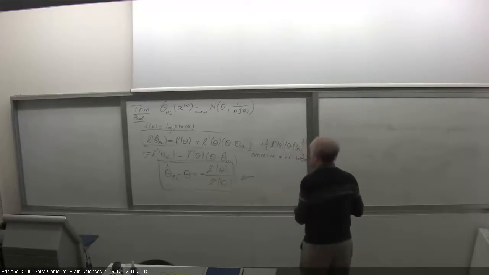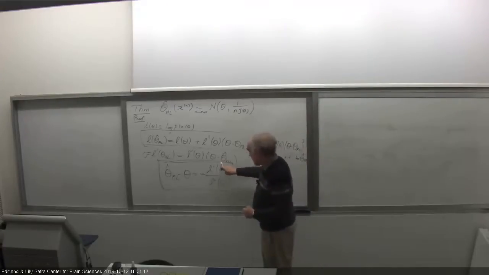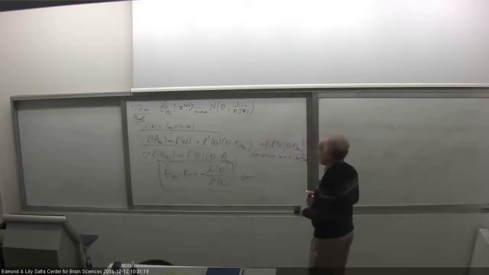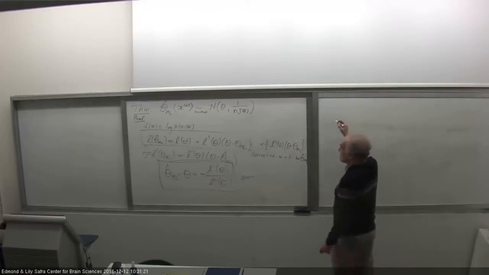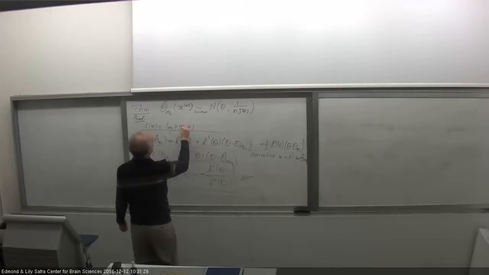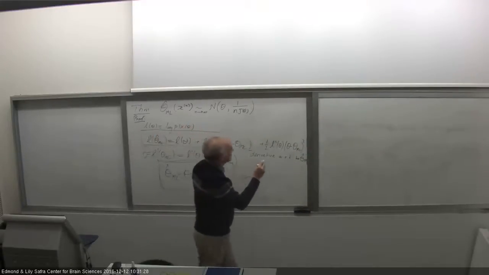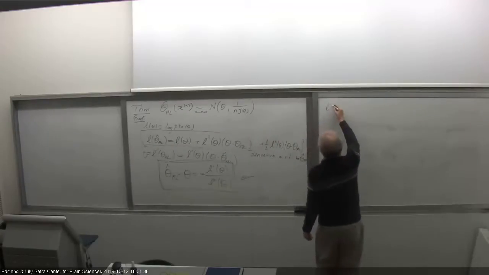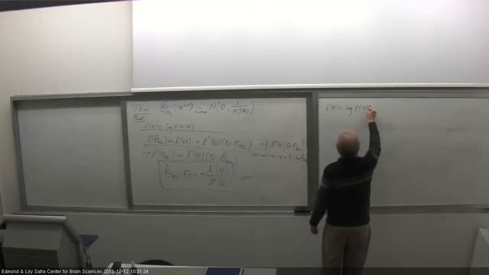I remember that this one, L prime of theta, now I actually bring back, if you want, the n here. So I want L to be n dependent. So L n of theta now is log of p of x_n given theta.